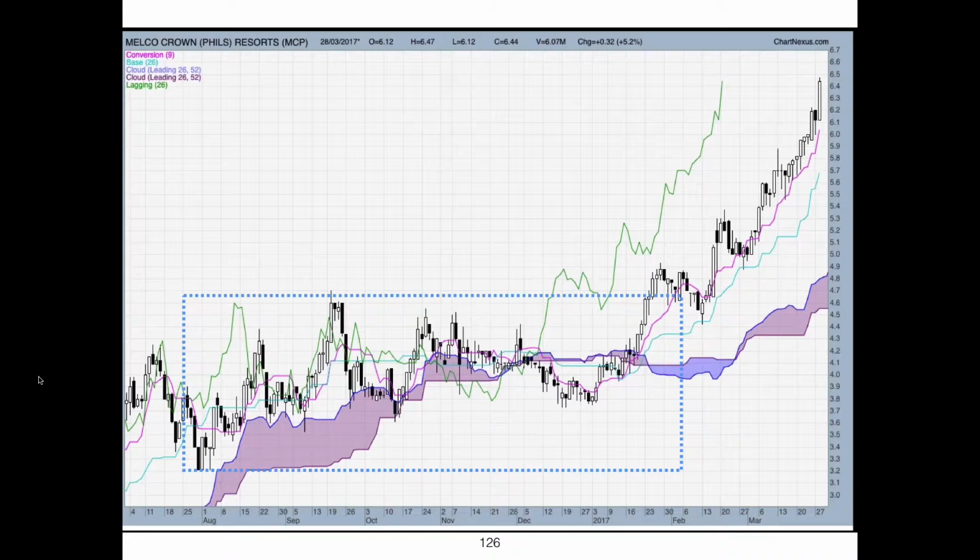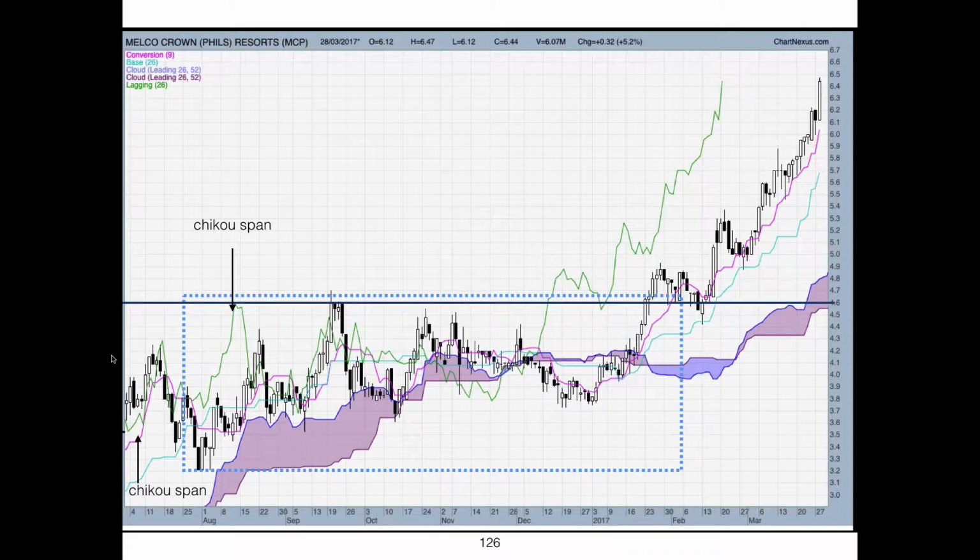Within the consolidation, we see that price had been consolidating above the Kumo. Price had been trending above the Kumo. However, the Chikou span tells us that it was in a sideways trend because it was stuck between this range.